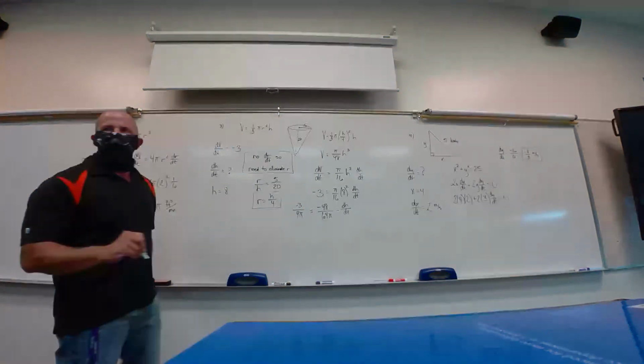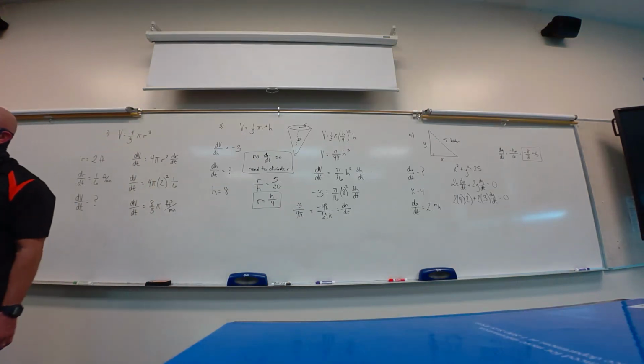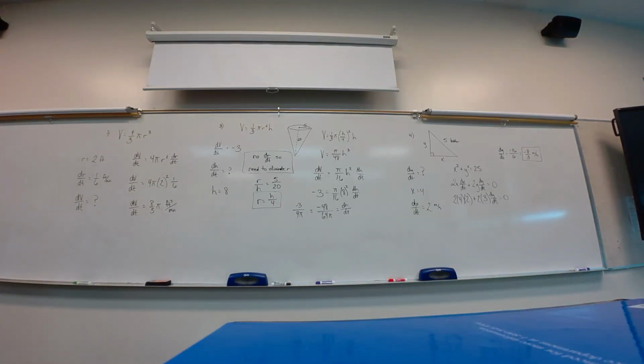Oh man, somebody tell me what decimal that is. Get your calculator. Put the 4 pi in parentheses. 0.2387, so we'll go to 0.239.